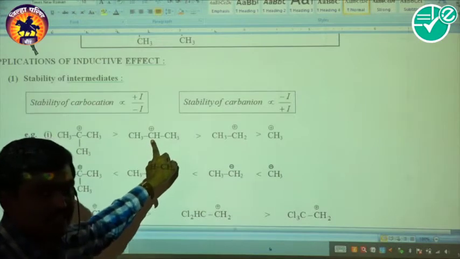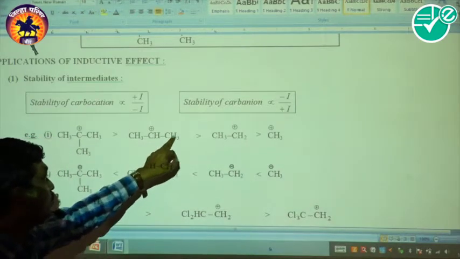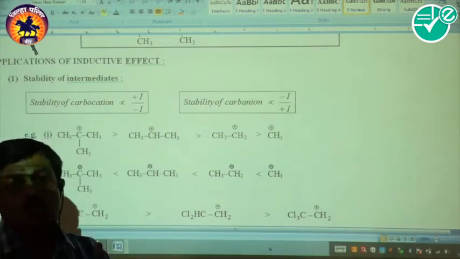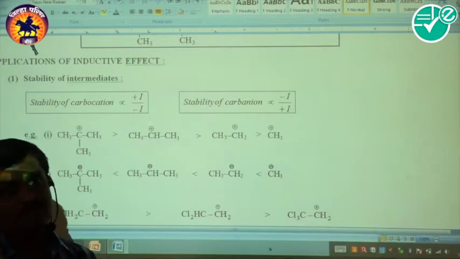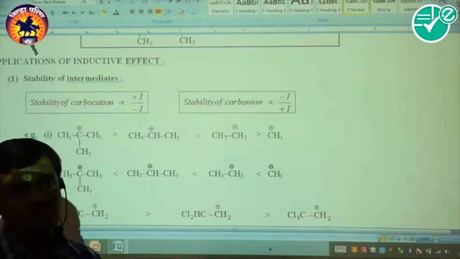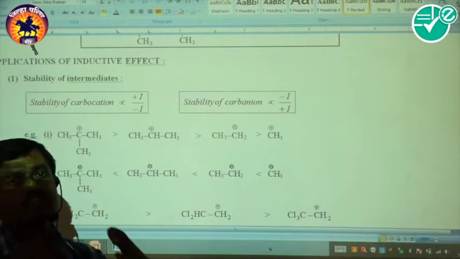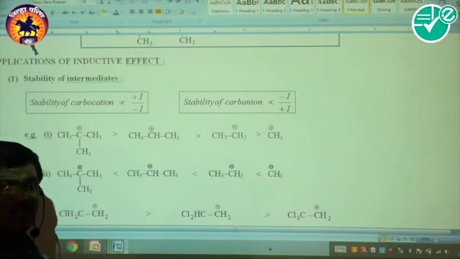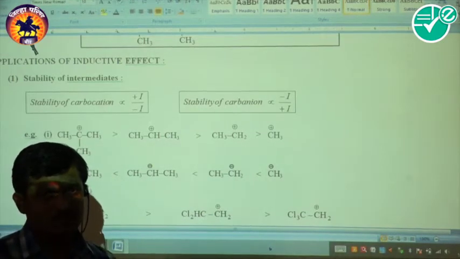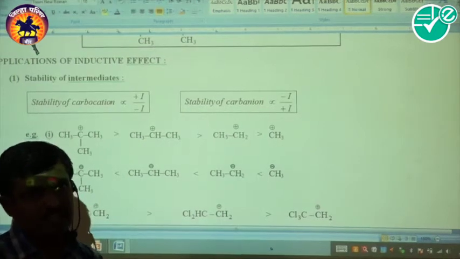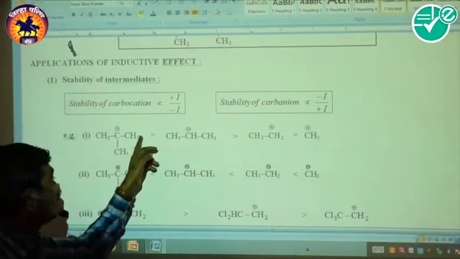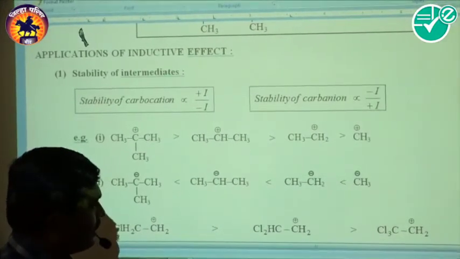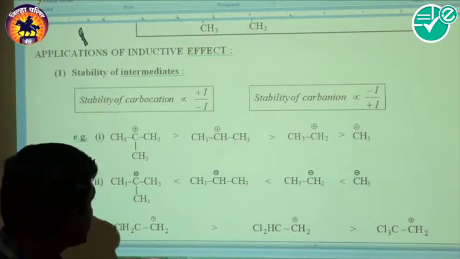If you consider this secondary carbocation, where 2 methyl groups give electron density to the carbocation, because of that here the carbocation is more stable. And if you consider this tertiary carbocation, 3 electron donating groups, that is the alkyl groups, are present there, and because of that it has more stability. So in this way the stability is to be observed here.